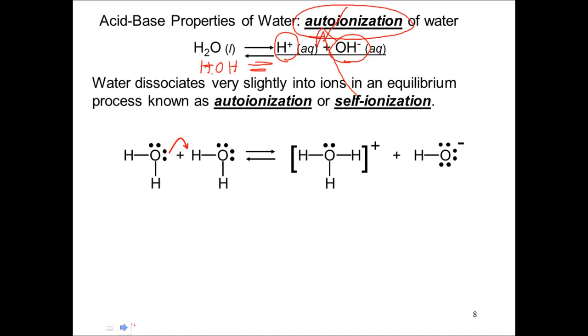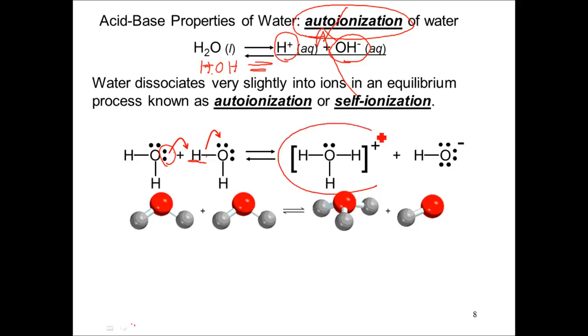What happens technically is this lone pair of electrons on oxygen is going to be donated to a hydrogen, and then the electrons in this bond are going to go back to this other oxygen. When this is the case, what we get is the formation of this. This is how we form hydronium ions.